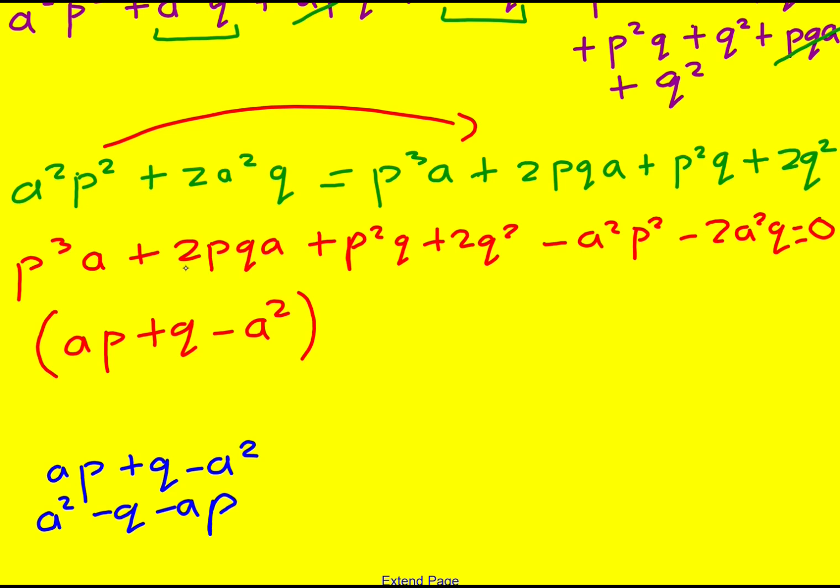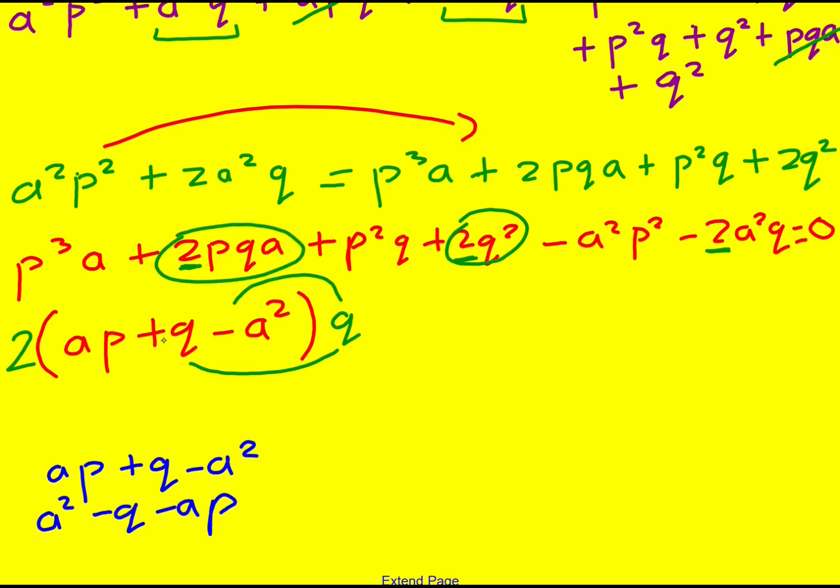Now, there are 3 terms containing a 2. So I wonder if I can factorize the 2 out. And then what am I left with? Well, I've got a Q squared on this one. So if I took a Q out as well, then that will get me my Q squared. And I've got minus 2A squared Q. That comes from this one. And this one here comes from this one. So I've managed to deal with these terms.